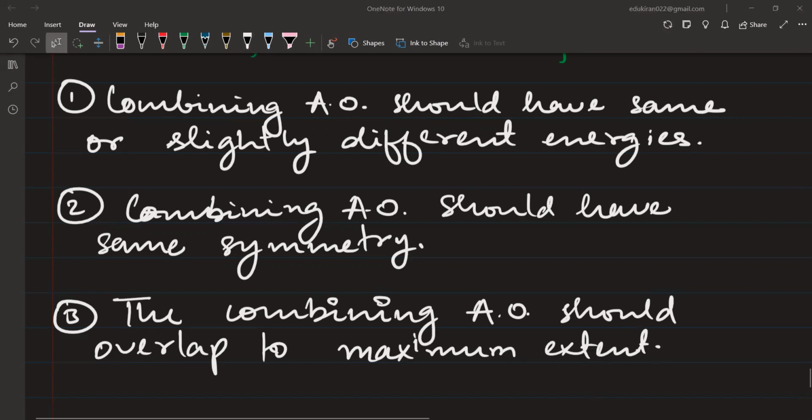They should overlap to the maximum extent. All of you wrote these 3 points, yes or no?